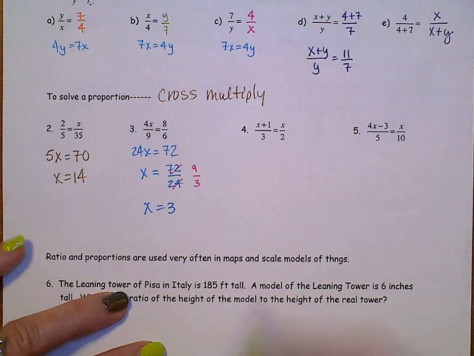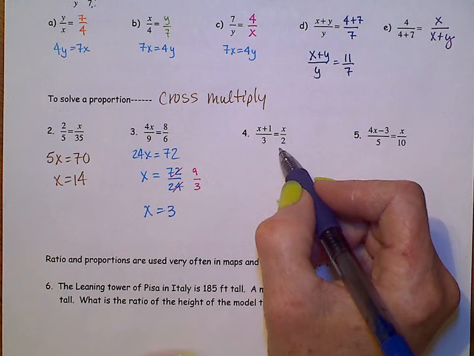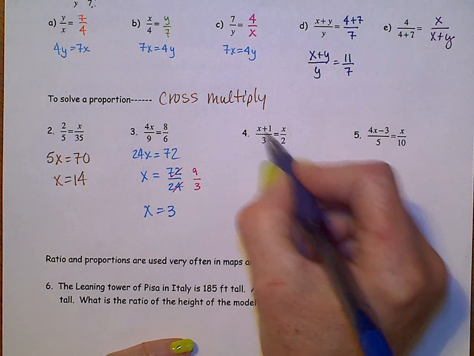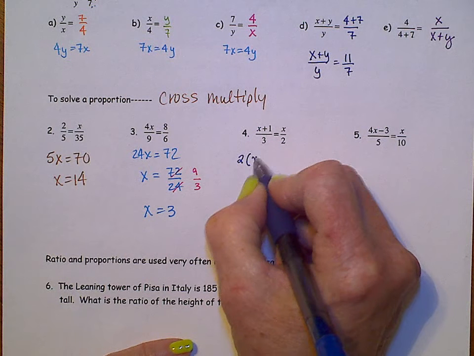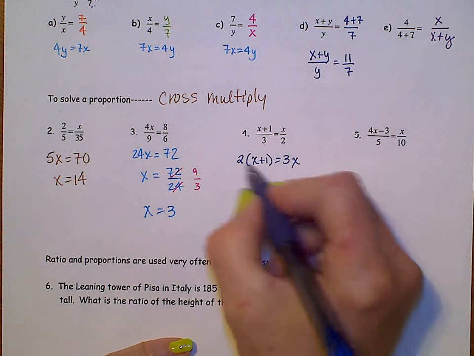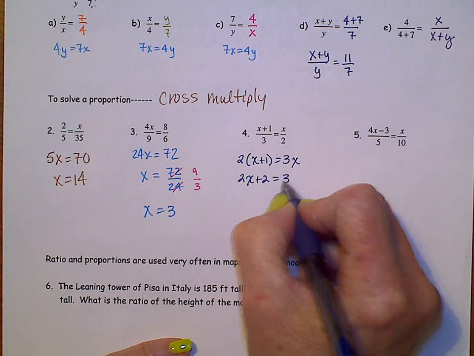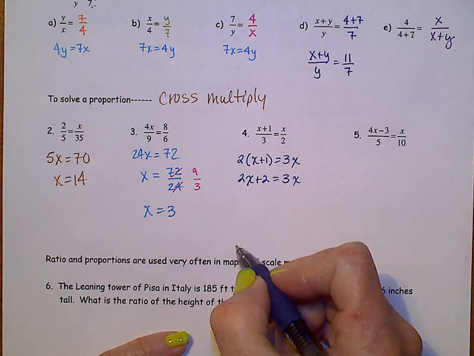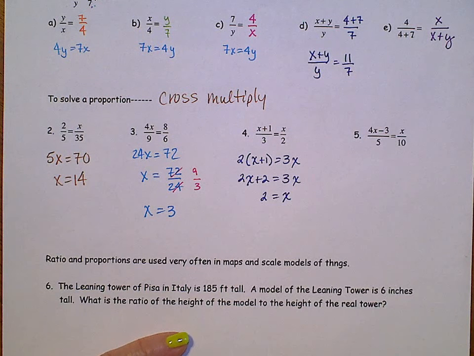Okay, looking at this next one. Again, cross multiply. Be very careful here when you have this quantity of x plus 1, because this 2 has to be multiplied by all of that. So take the time to write this out. 2 times x plus 1 equals 3x. Distribute that 2 through. 2x plus 2 equals 3x. Subtract the 2x from both sides, and we get x equals 2.